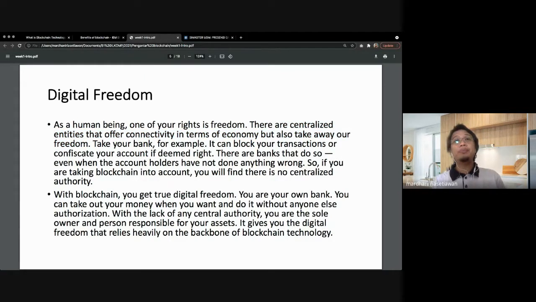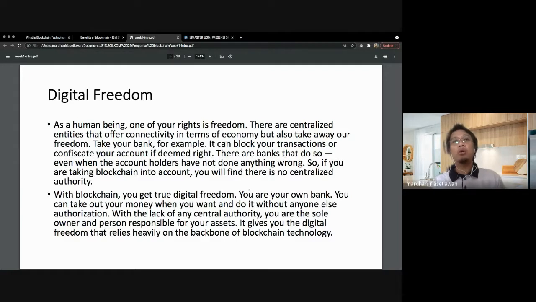In a bank, for example, it can block your transaction or confiscate your account if deemed right, and they are bound to do so even when the account holder has not done anything wrong. If you take blockchain into account, you will find there is no centralized authority. So the expectation when we use blockchain is true digital freedom: you are your own bank.